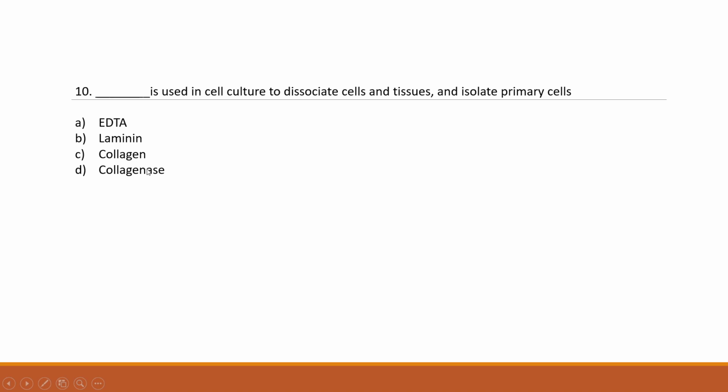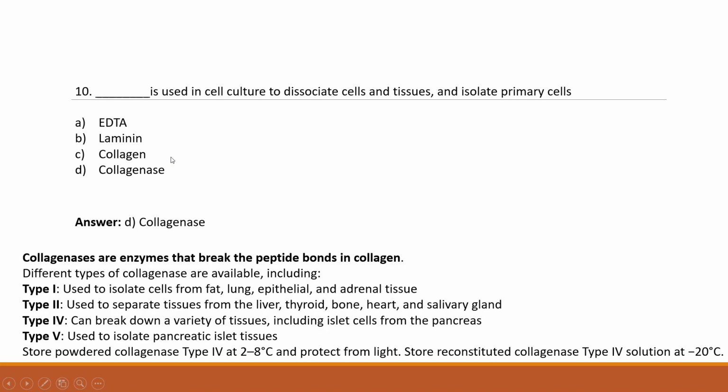Collagenase helps in cleaving the collagen. Collagen is what helps bind your cells to the ECM, your basement membrane, or your plates. So collagenase can be used to cleave this collagen, and when it does, the attachment is also cleaved. So we can use both trypsin and collagenase. Few people prefer trypsin, few people prefer collagenase.